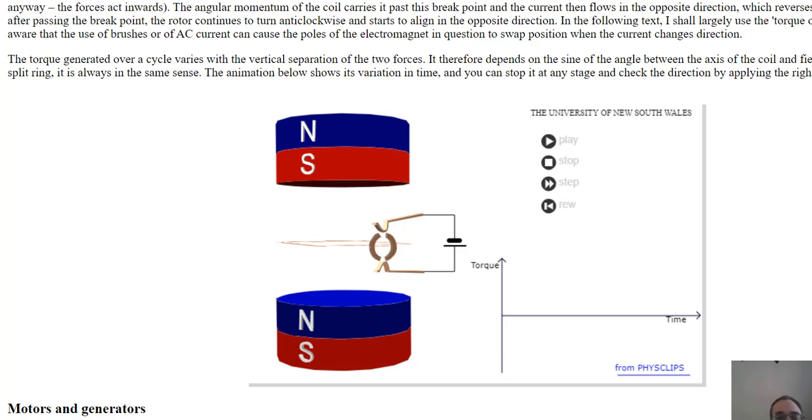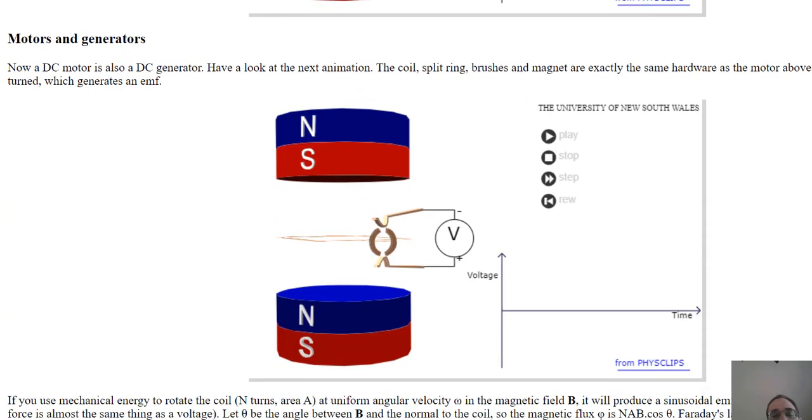And for the motor, you have electrical energy input, in this case a battery, and that creates a mechanical energy. So a motor and a generator are basically the exact same device, okay? Just rotating a coil of wire and a magnet. If you are rotating the coil of wire, you're treating it as a generator.